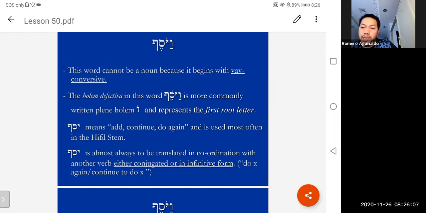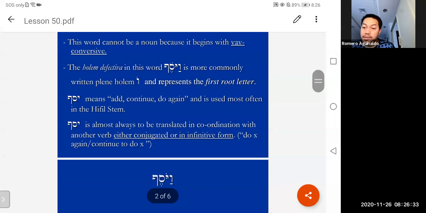Yasaf means add, continue, do again, and is used most often in the Hiphil stem. Yasaf is almost always to be translated in coordination with another verb, either conjugated or in infinitive form. Do again, continue to do. Open and close parenthesis.